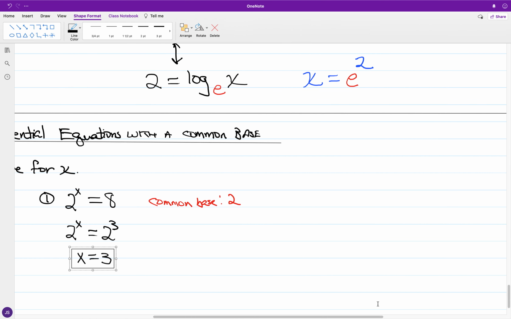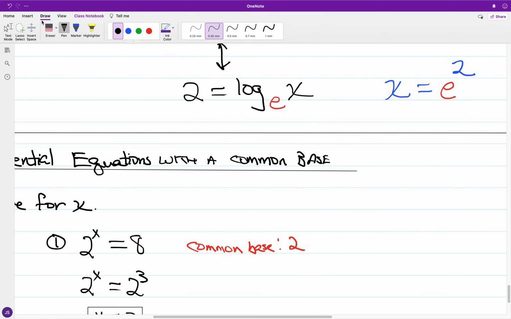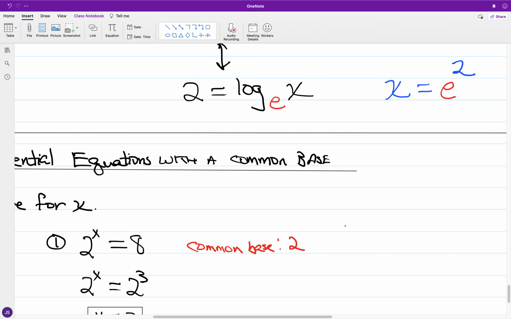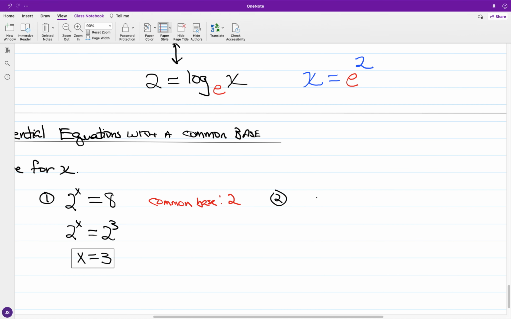Now let's say there's a common base, but it is not yet present in the introduction of the equation. Let's say we have something like 9 to the x is equal to 27.